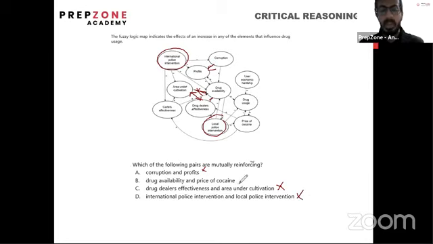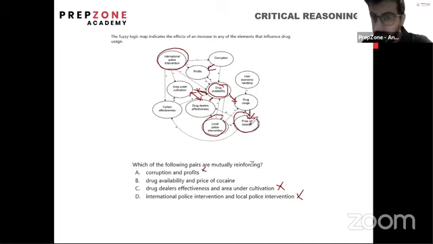Option B, on the other hand, says drug availability and price of cocaine. So where are these? Drug availability is here, and price of cocaine is here. So when drug availability increases, drug usage increases, which has an effect on price of cocaine. So price of cocaine increases.